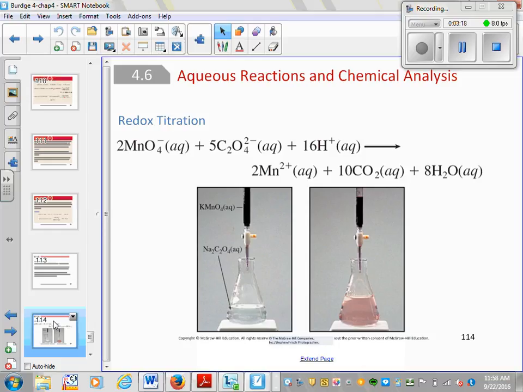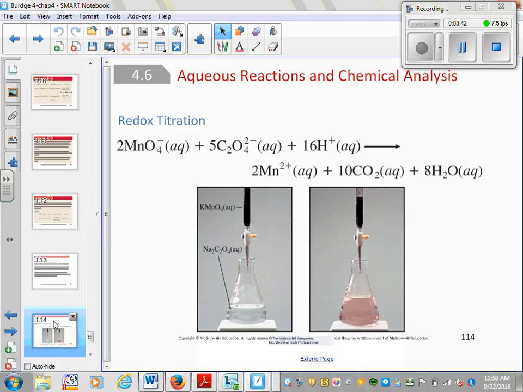What's the oxidation state of manganese in MnO4-? Don't look over there, just look at this. What's the oxidation state of oxygen normally? 2 minus. How many oxygens do we have?